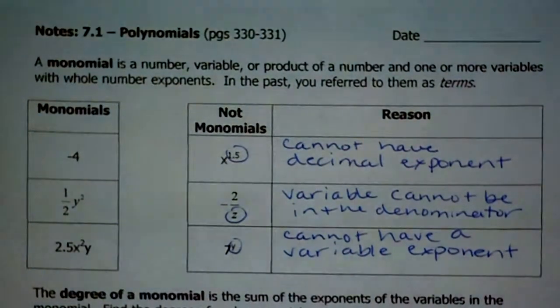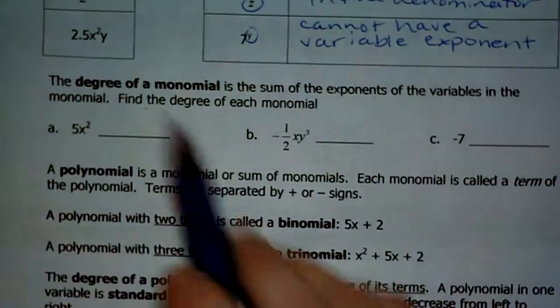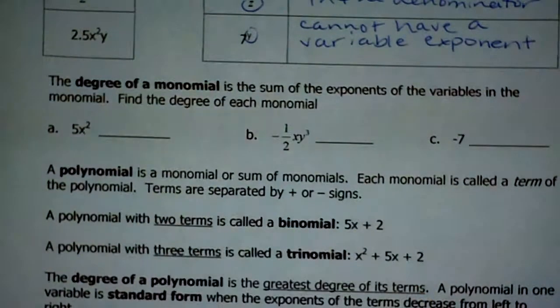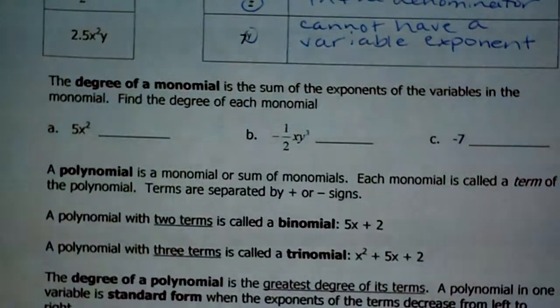All right. So now we're going to talk about something called the degree of a monomial. Yes, all kinds of fun, fancy terminology here. So the degree of a monomial, I'll ask you. You'll look at a monomial and I'll say, what's the degree of this monomial? And the degree of the monomial, it's the sum of the exponents of the variables in the monomial. Find the degree of each monomial.